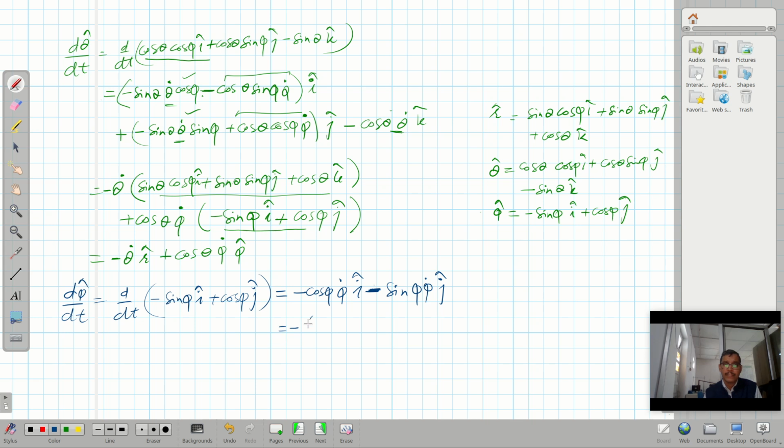Basically this is equal to, if we take minus outside, so it is written as minus phi dot, which can be taken outside, and inside it is cos of phi i cap plus sin of phi j cap.